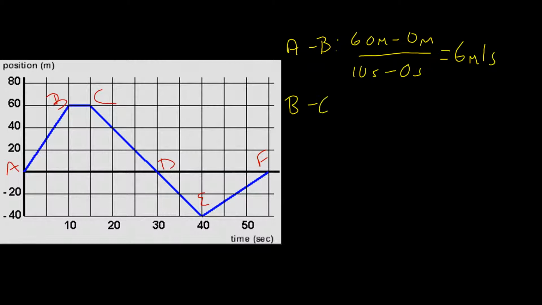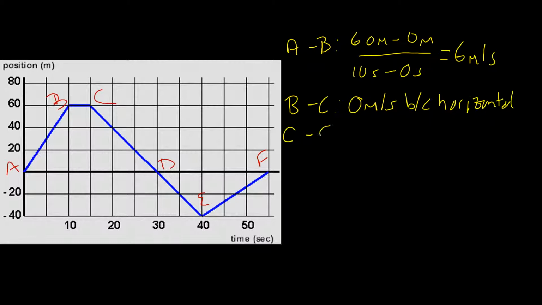From B to C, we are horizontal, so it's 0 meters per second. Your rise is going to be 0, so 0 over 5 would give me 0, so I could have done it that way as well.